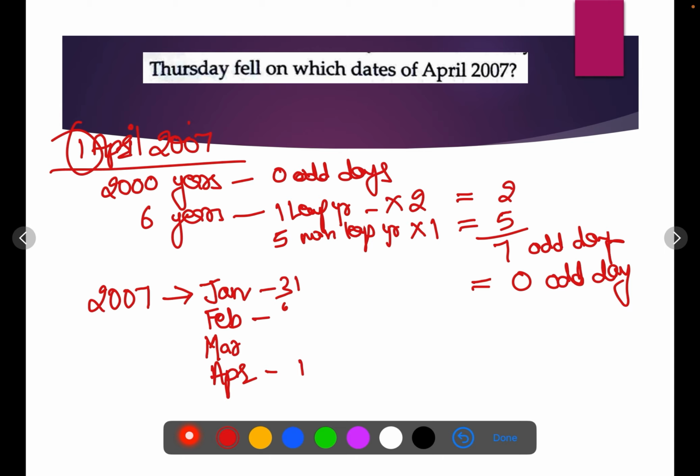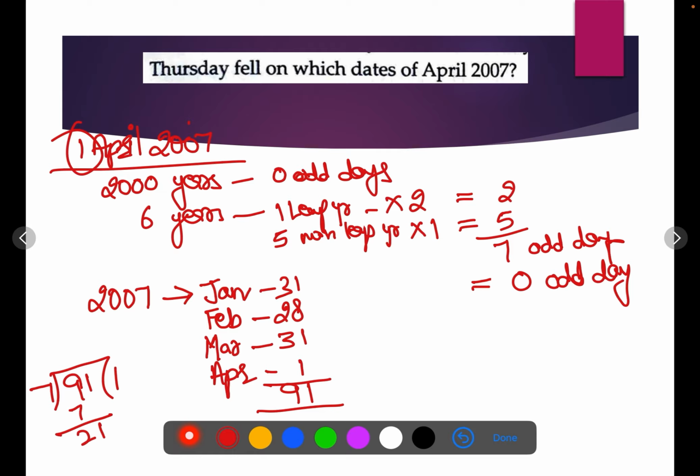Now this is non-leap, so February is 28 and this is 31. So 31 plus 28 plus 31 plus 1 gives me 91. 91 divided by 7 is 13, remainder 0. What does it give me? 0 odd days.